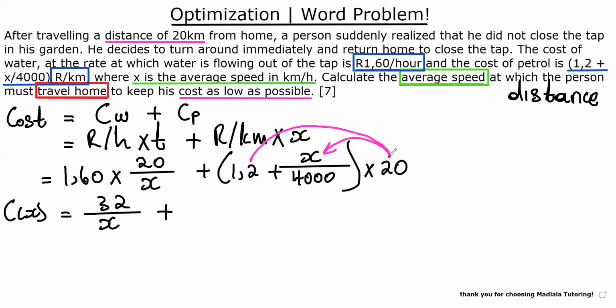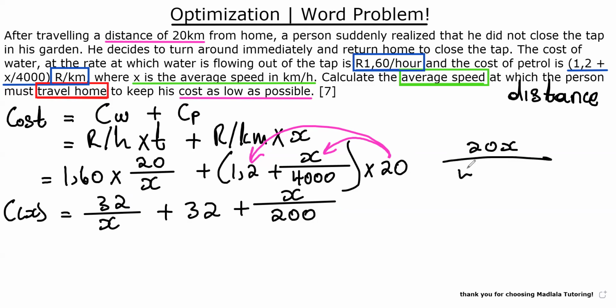So 20 times this, 20 times that one. So once again, we get 32 here. And then here we have x divided by what? Well, if you say 20 divided by 4,000, you are simply going to get 1 over 200. Because it's going to be 20x divided by 4,000, all right? And of course, we know that it's possible to simplify this further.